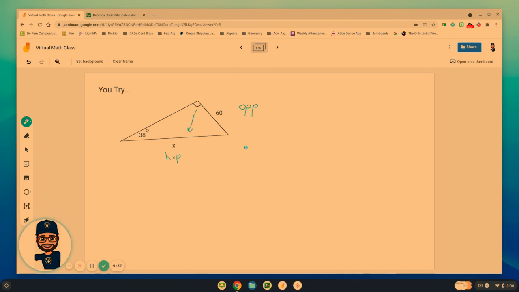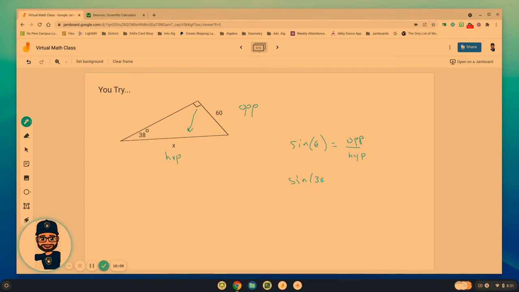So which one of our trig functions uses opposite and hypotenuse? That's sine. Sine of a given angle equals the opposite over the hypotenuse. So let's fill it in. Sine of our angle. We know the angle this time is 38.